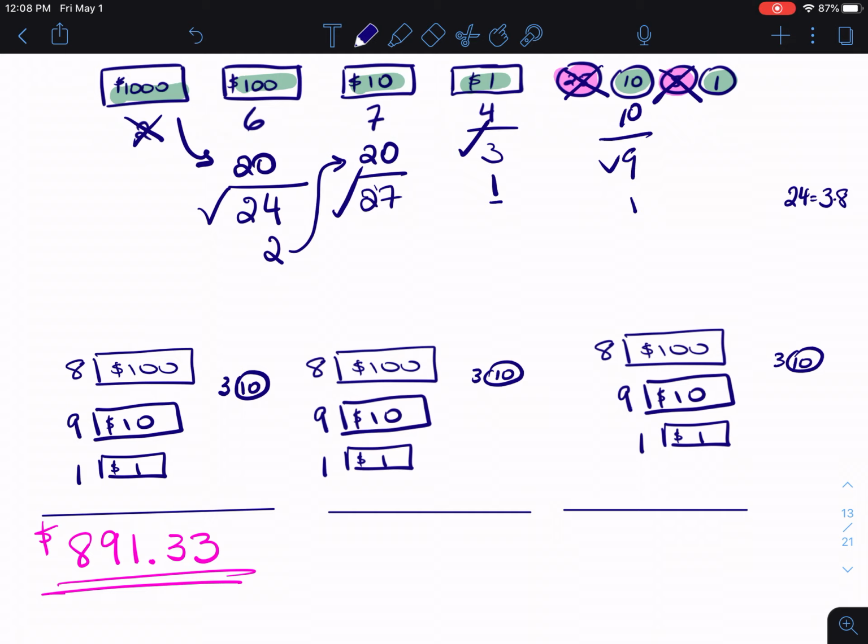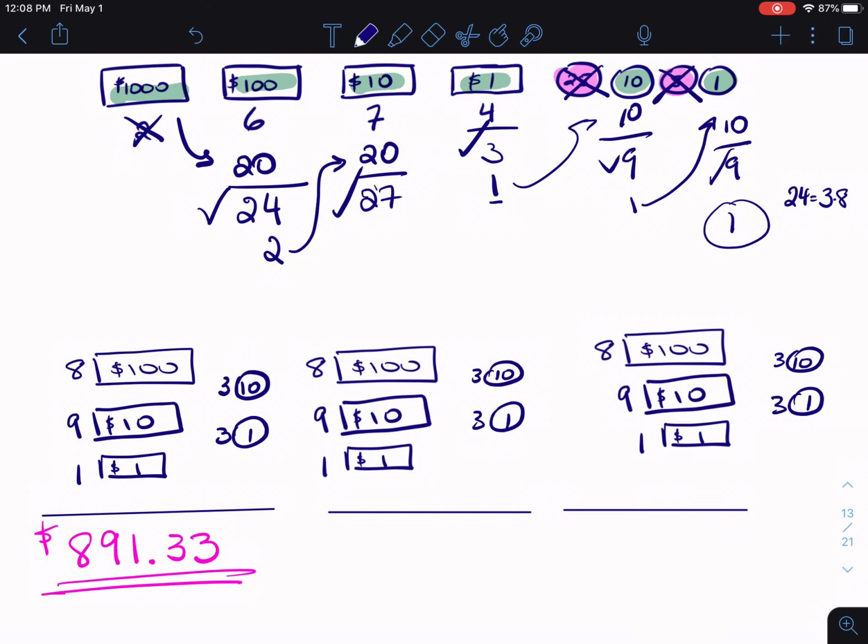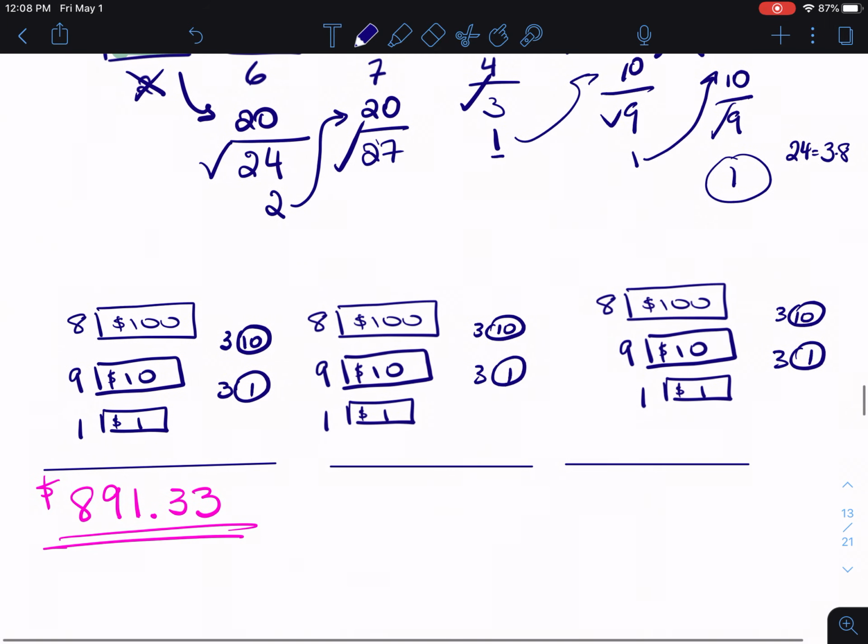Okay, and again, I wouldn't be able to split the 1, so I would have to trade it in for some pennies. So it would be 10 pennies, and again, I'd be able to split 9 of them between the 3 people, 3 each, and 1 would be left. So let's see what we would get if we used this strategy.